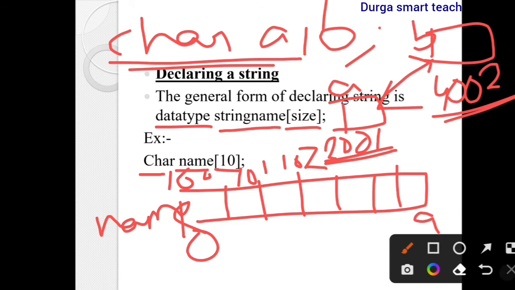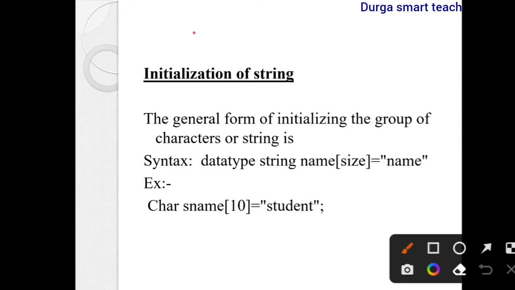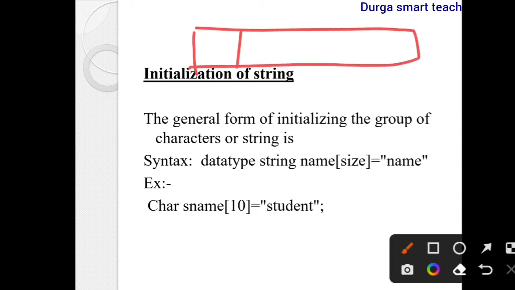Okay, so next one is initialization. While declaring, the memory is allocated for variables, meaning elements. So if you want to store elements into the memory locations, then you need to initialize. The general form of initializing a group of characters or string: a group of characters is nothing but a string.